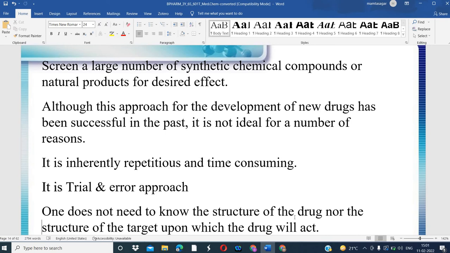If you don't want to know about the structure, then you can take the plant extract or plant leaves, eat them, or use them to treat the disease. But because you are students of pharmaceutical science, your interest should be in the structure, function, and SAR studies. You can take interest in that.